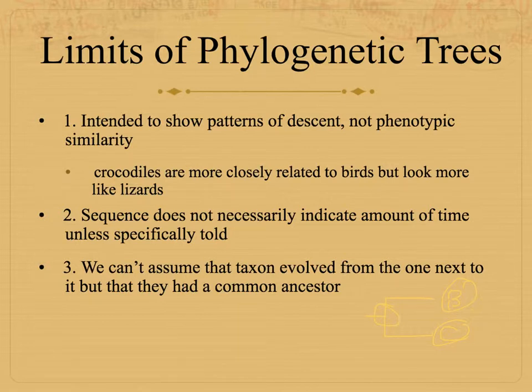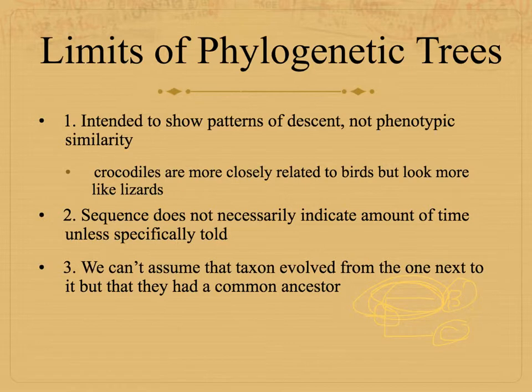We also can't say that this sequence necessarily indicates a specific amount of time. Like right here, we can't say, oh, that's 1,000,000 years. We have to be told that. If the person who's setting up the phylogeny or the branching diagram says each 5 centimeters or 3 centimeters is equal to 40 million years, then that's what we know. But unless we're told, we can't assume that.